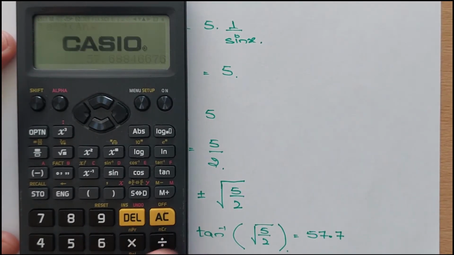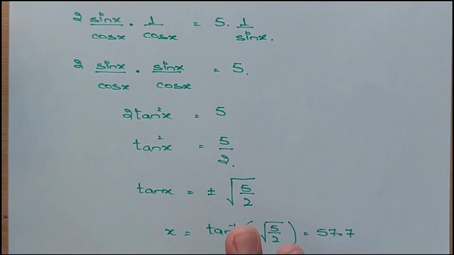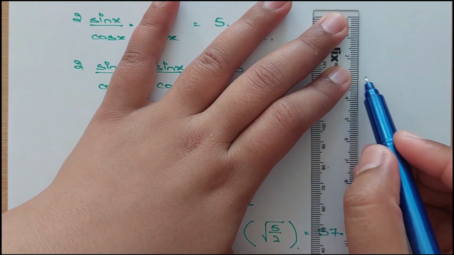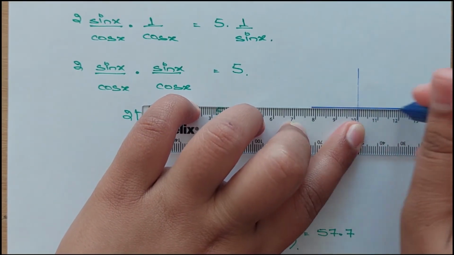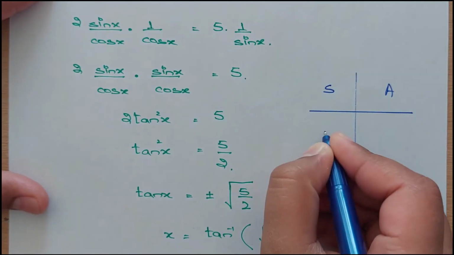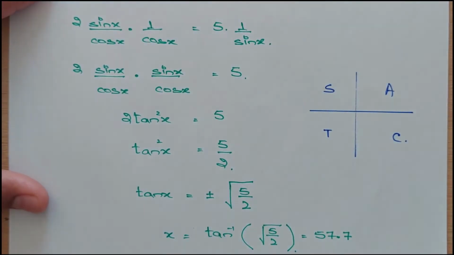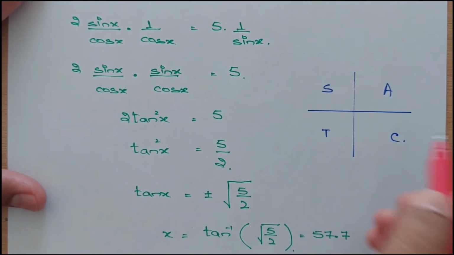Okay, now we have to do the tangent, two cases for positive and negative, right? So let's see, tangent is positive in which quadrant and negative in which quadrant. Let me draw the xy coordinates, right? A, S, T, C. Okay, so tangent is positive in first and third quadrant and negative in second and fourth.